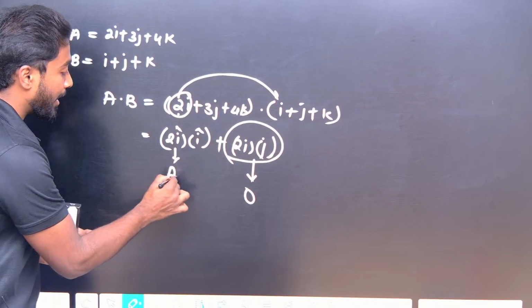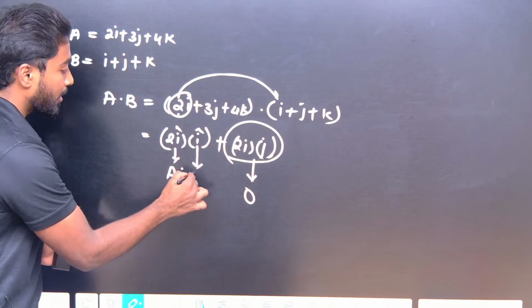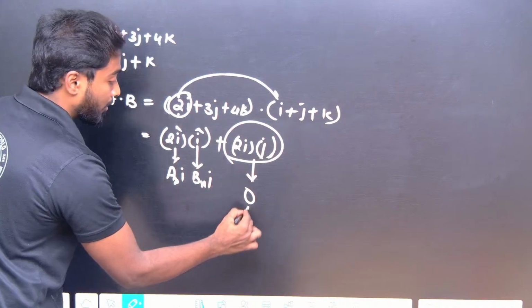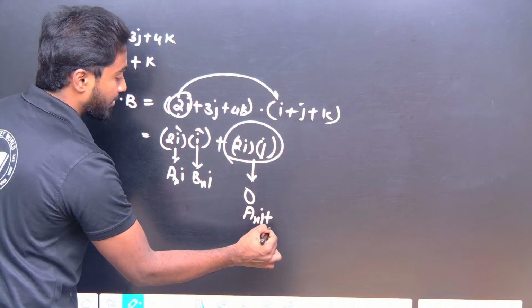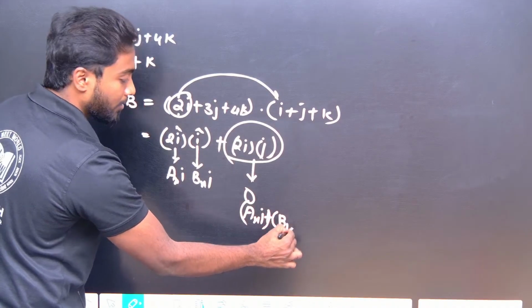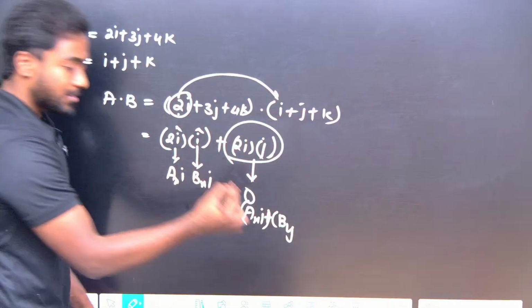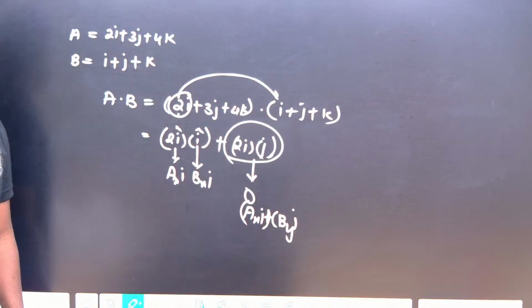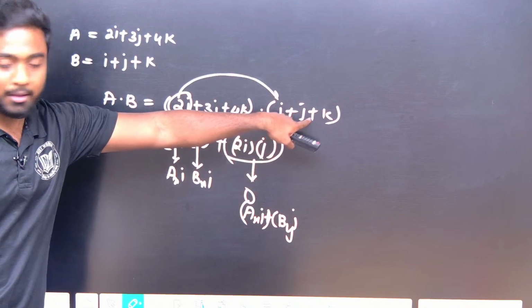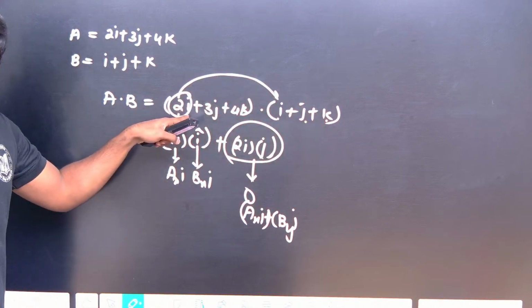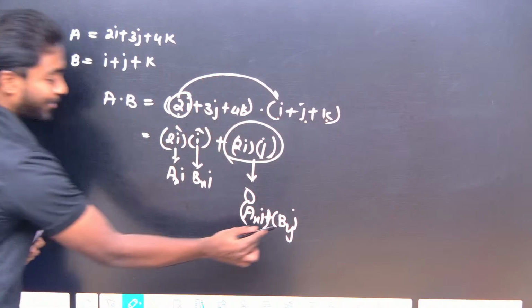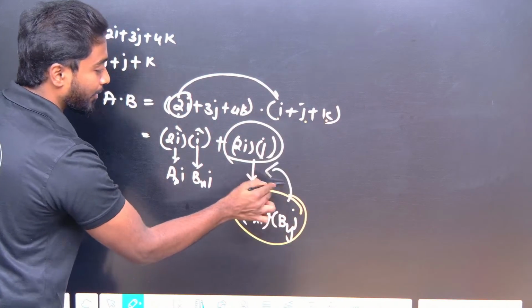This is ax i cap and this is bx i cap. This is bx by bz, this is ax ay az, understood? Yes. So when I talk about this term, it is totally 0.